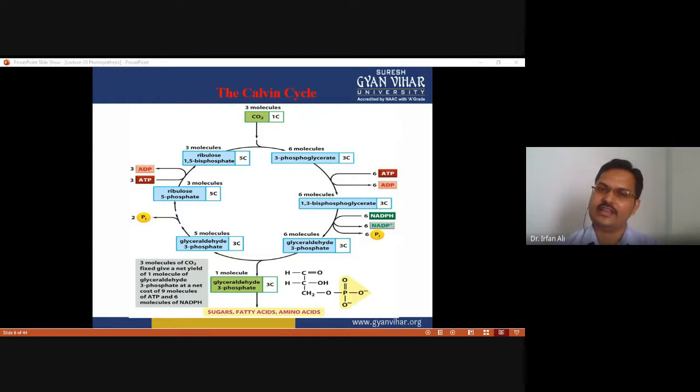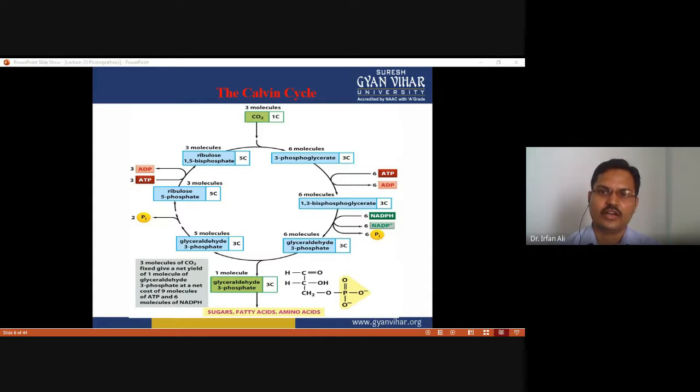Now in the next step, six molecules of NADPH are utilized. When NADPH is utilized, the energy released is used for the conversion of 1,3-bisphosphoglycerate into glyceraldehyde 3-phosphate. The number of carbon in 1,3-bisphosphoglycerate is 3 and in this molecule is also 3, but the difference is that this molecule has only one phosphate.